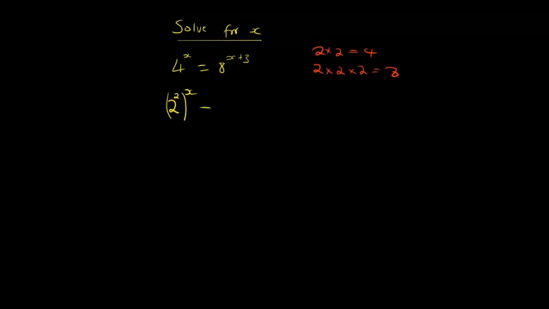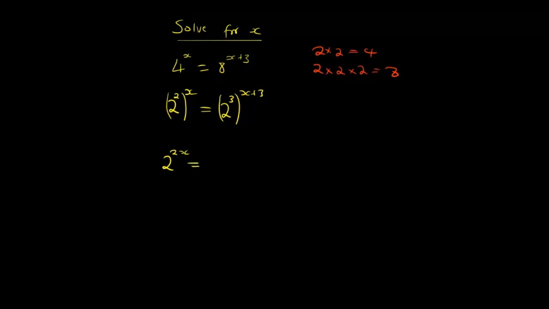So this is equal to 8. We said it's 2 to the power 3, and then I'm going to include the power that we have on 8, which is x plus 3. And then next, I'm going to multiply the powers. So 2 times x, I'm going to have 2x.